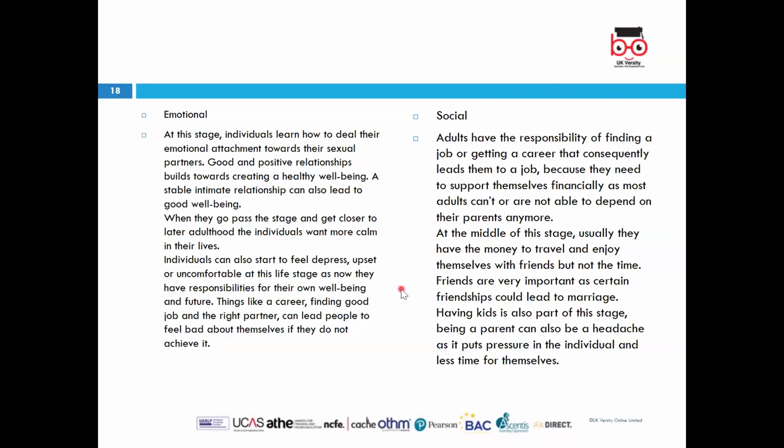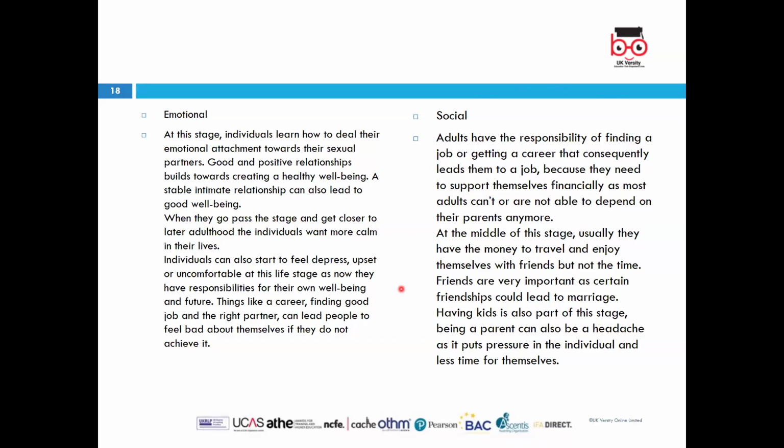If those are there, you will find your emotions to be better nurtured. Positive and good relationships are being built. And when people go through these stages, they get closer to later adulthood. The individuals want more calm in their lives. The partying and all that reduces. They're more serious now. They're more career oriented.